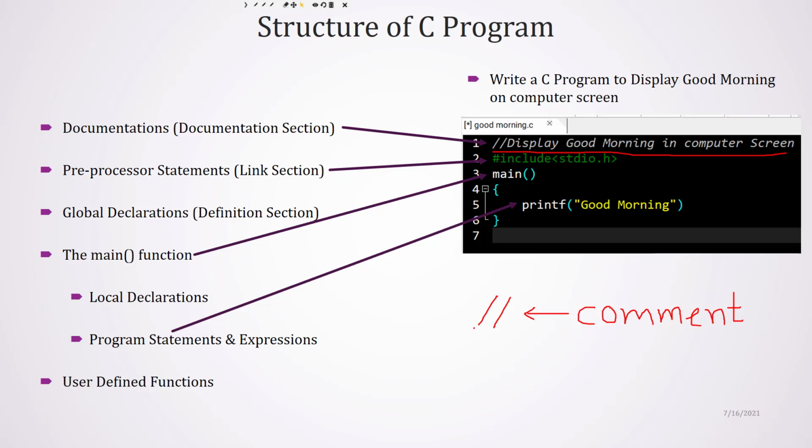For that I am writing a comment or documentation. It is not mandatory, and in later programs we may not even write any documentation. But it is a very good programming practice to write some documentation as the first line.